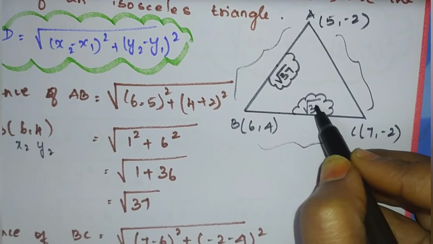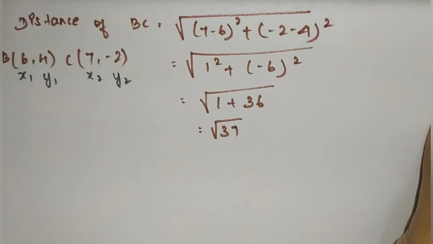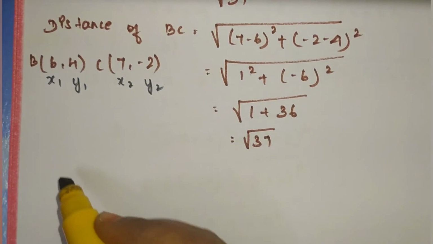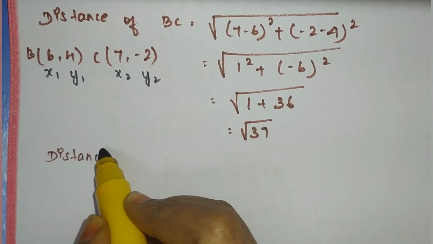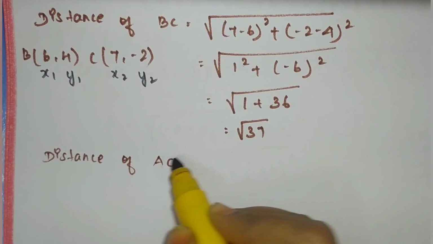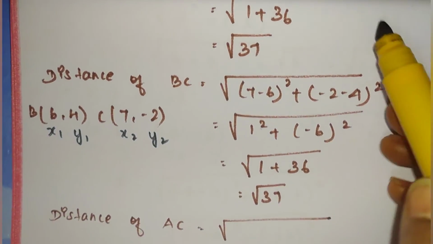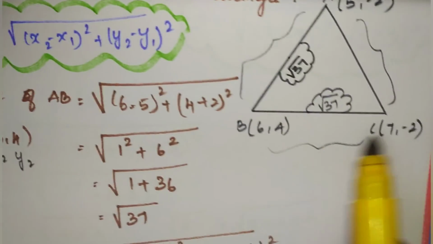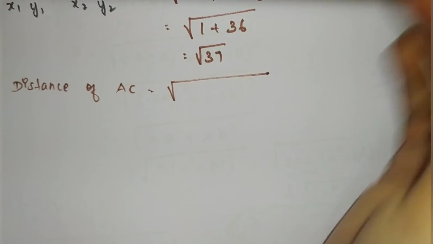And then we have to find AC also. Find the distance of AC. Now itself we can tell that this triangle is an isosceles triangle because two sides are equal. We have to find AC also, then only we can tell whether it is an equilateral triangle or not.